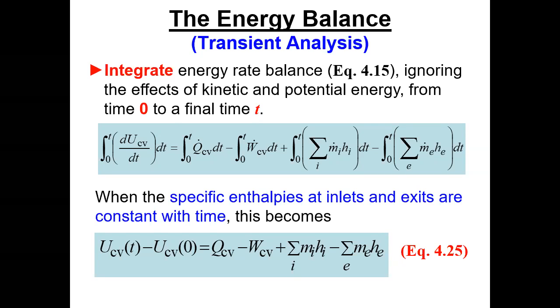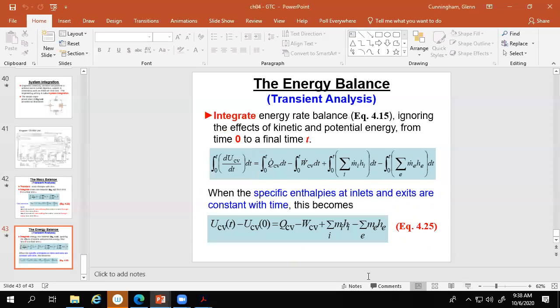You won't have to worry about that here. So, with specific enthalpies at inlets and exits constant with time, we integrate into equation 4.25. The rest of it is just applying these, and we will have a couple of examples of doing that today.